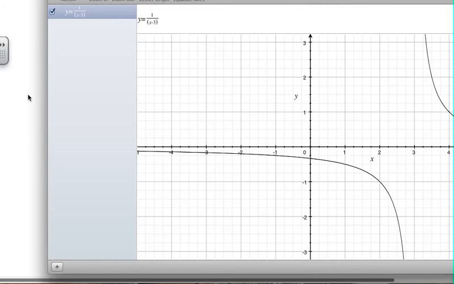Okay, so again, when you look at your graph, you notice this thing goes off, but right here at x equals 3, I've got an asymptote.